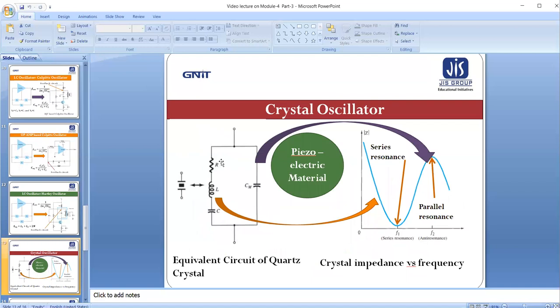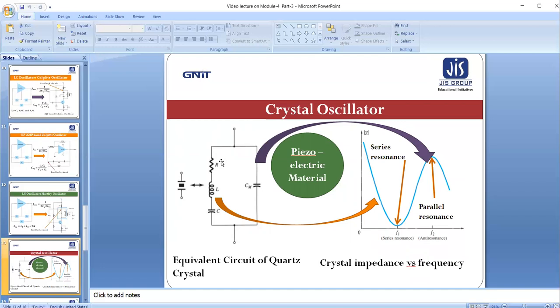Now finally we are going to discuss the crystal oscillator. Although we use the Colpitts and Hartley oscillators, the design of this high frequency oscillator is quite troublesome, the frequency stability is not so good, and the quality factor of the tank circuit will not be satisfactory.